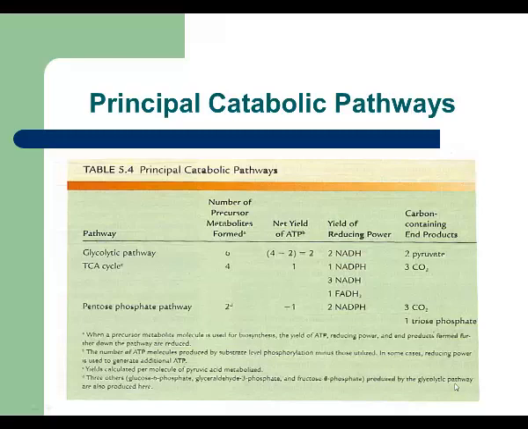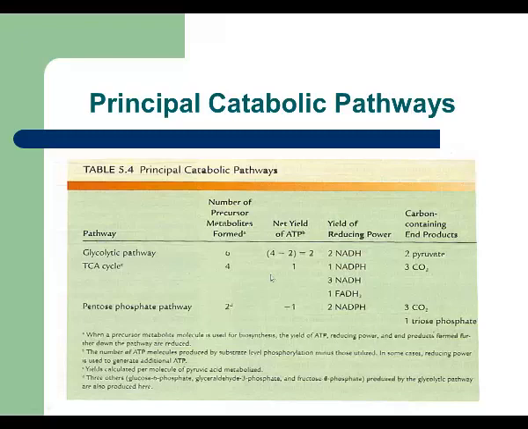TCA cycle or Krebs cycle forms 4 precursor metabolites. Also, it makes 1 ATP molecule, and the end product of TCA cycle is 3 molecules of CO2 or 3 molecules of carbon dioxide. And the last pathway is called pentose phosphate pathway. It forms the last 2 precursor metabolites.